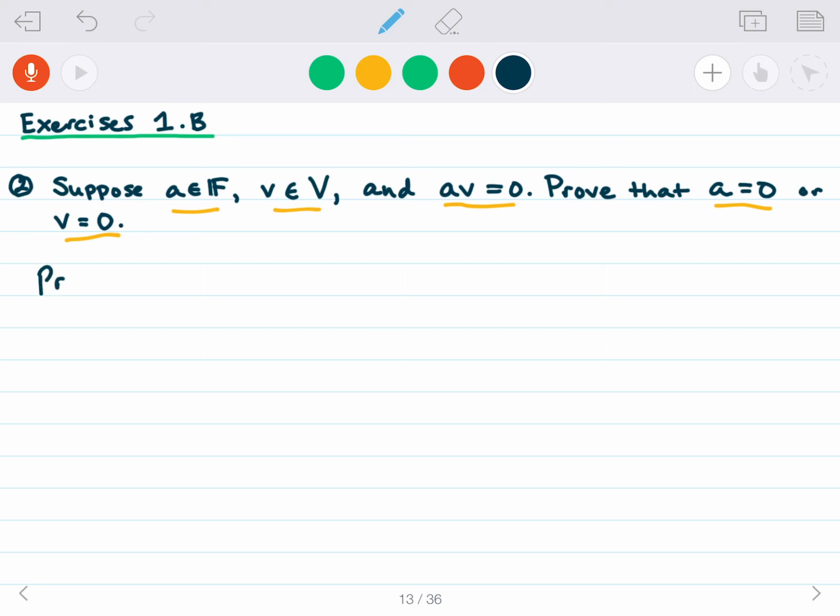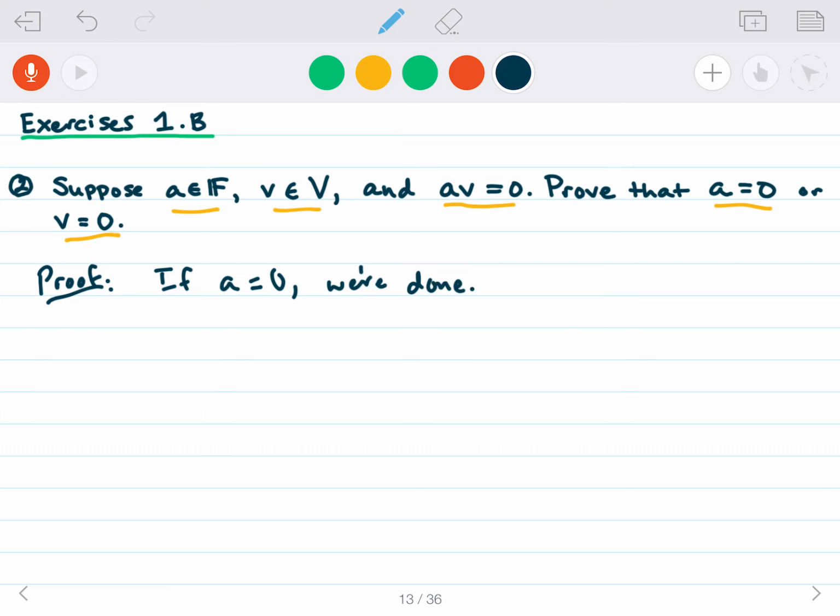So let's do our proof. We have two cases, right? Either A is 0 or it's not 0. If A is 0, then we're done, because that was the conclusion.